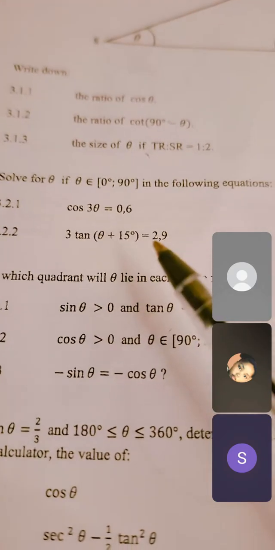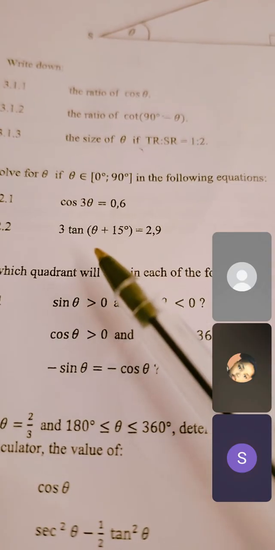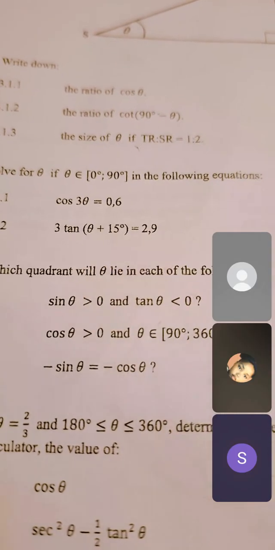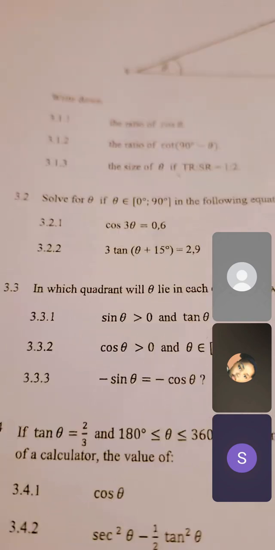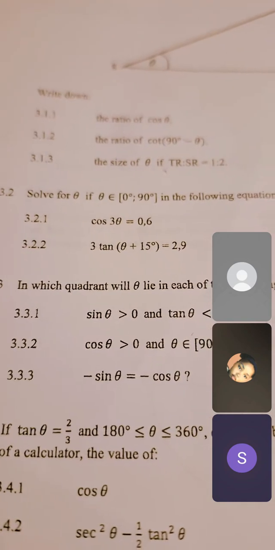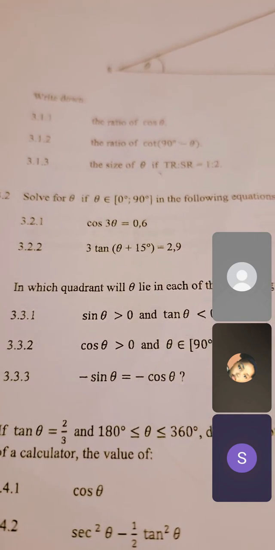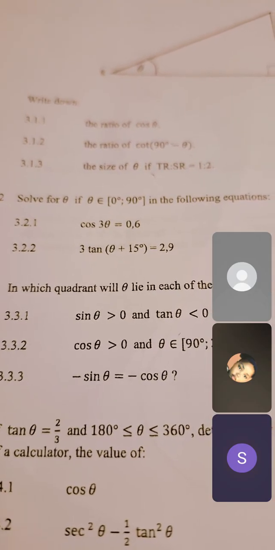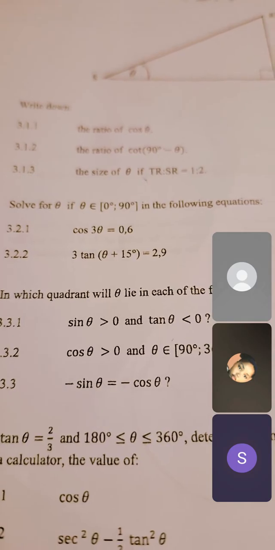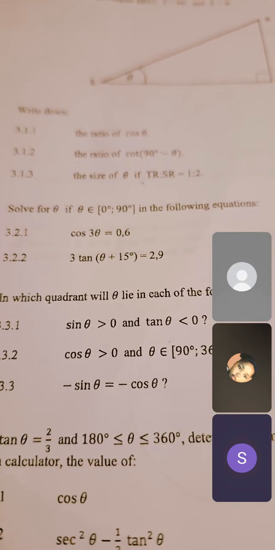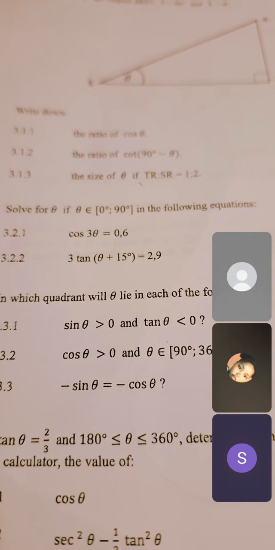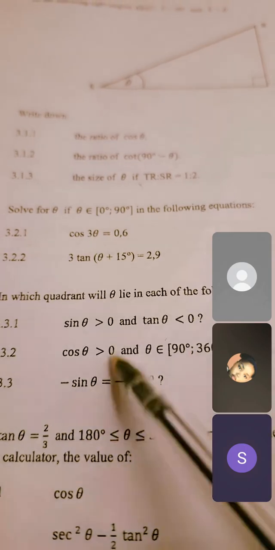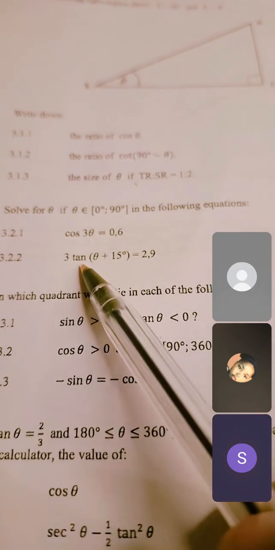Okay, so once again, we divide by what? By 3, not 3 tan. You have to isolate them. This is the whole thing that I'm trying to hammer in here. Even with you, that we cannot divide by the trig ratio. We don't divide by the trig ratio, guys.